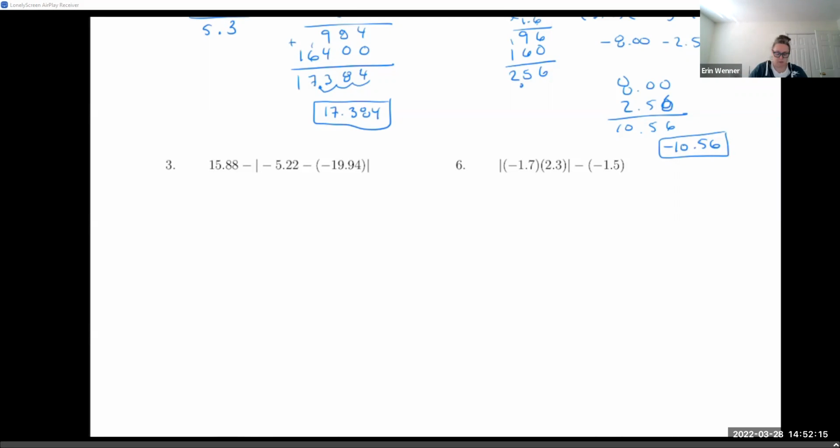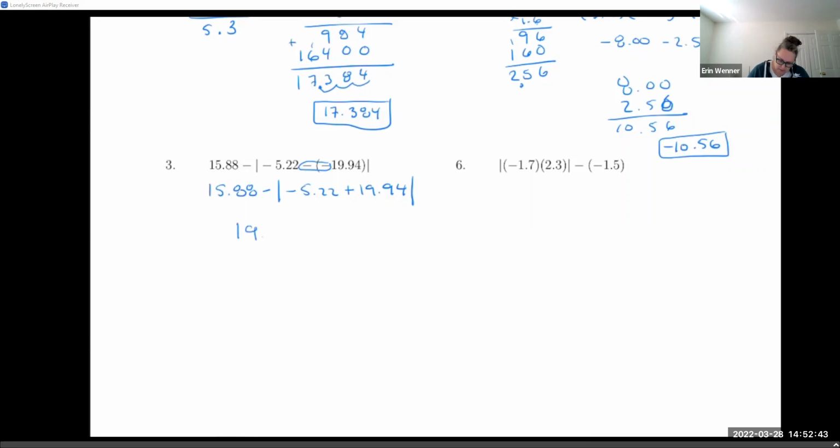Okay, so let's talk about this one. First of all, when we focus inside those absolute value signs, we've got this double minus happening here, okay? So that means we're gonna have 15.88 minus, and then absolute value of negative 5.22, now plus 19.94. So simplifying inside means that we're adding those numbers together, but because one's a negative and one's a positive, we're gonna subtract.